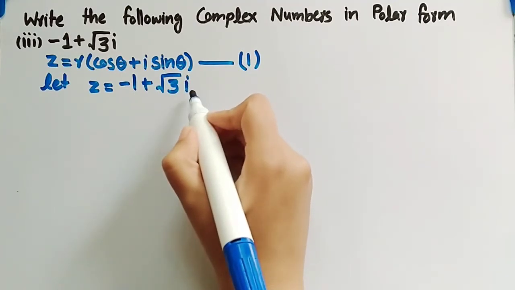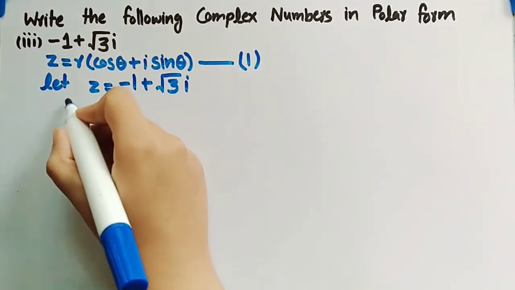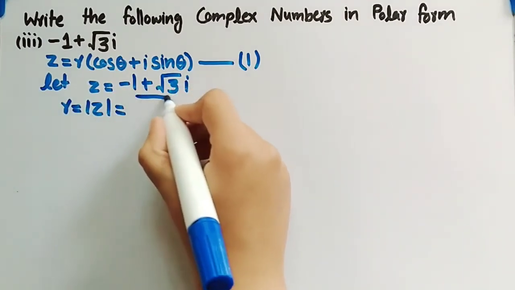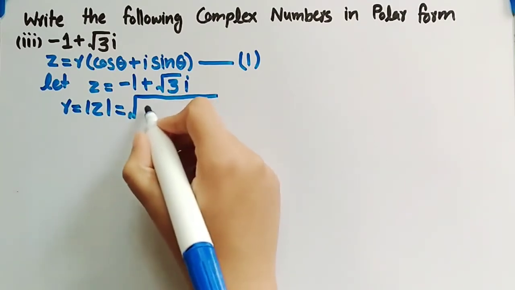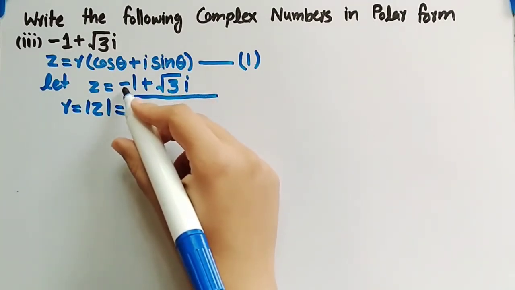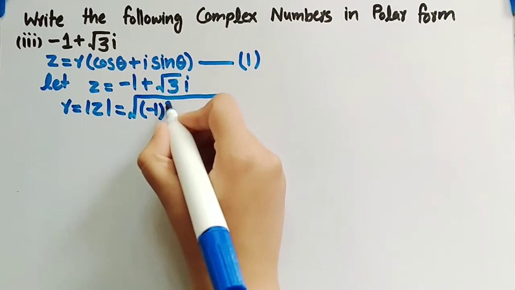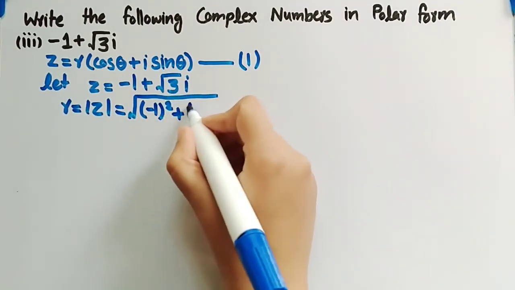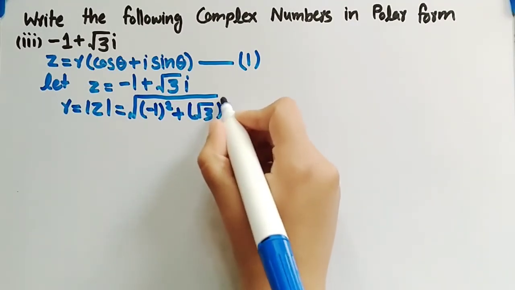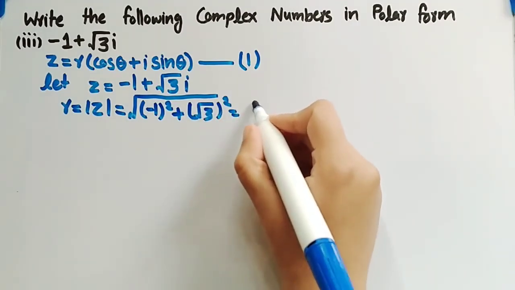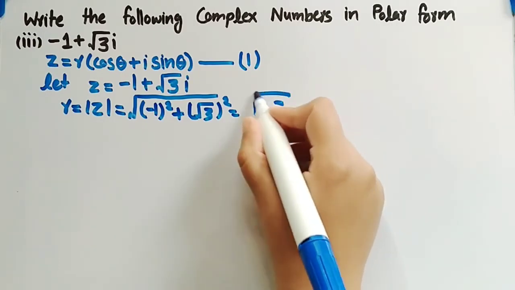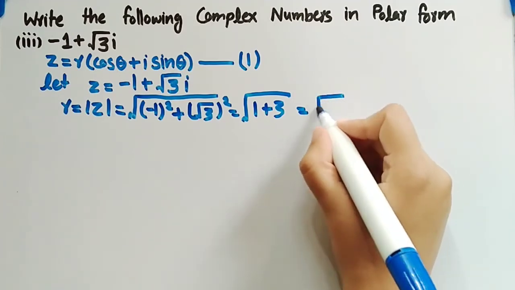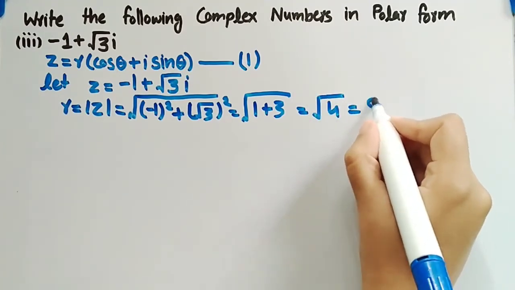Firstly, we will find modulus of z. Let r be the mod of z, which is equal to square root of the square of the real part of this complex number, which is minus 1, plus square of the imaginary part of the complex number, which is square root 3, which is equal to square root of 1 plus 3, which is equal to square root 4, and it is equal to 2.